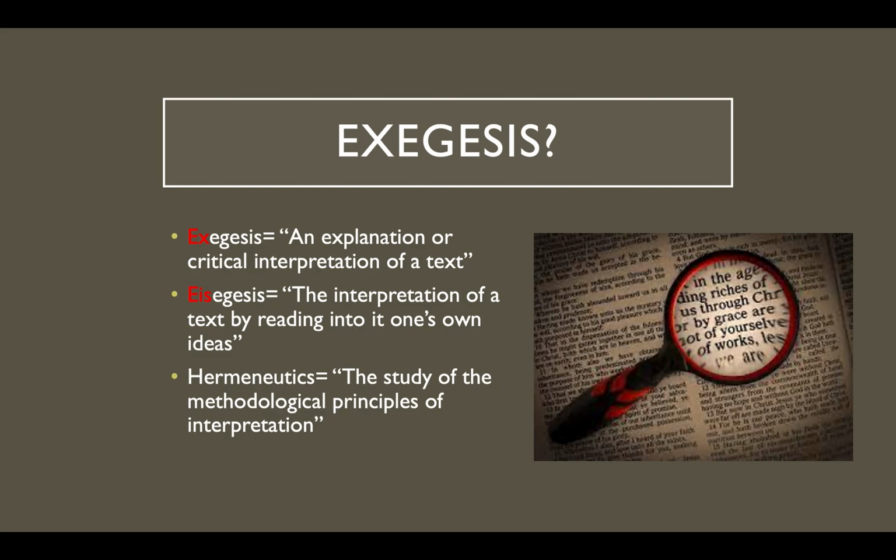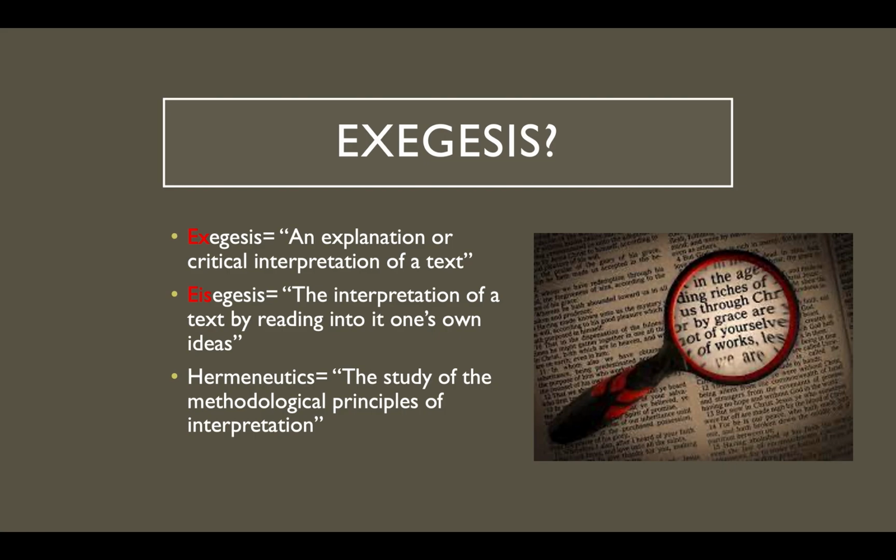The former, "ex," means out, whereas "eis" means in. So you really want your biblical interpretation to be based on the text. You want to try to figure out what the text says instead of injecting your own preconceived views onto it.